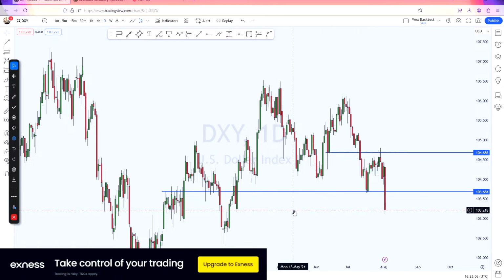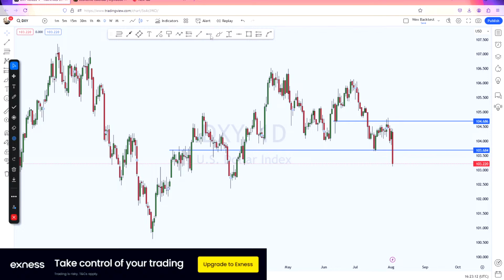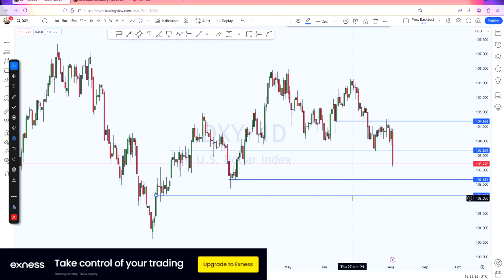Now on the index, we can see clearly that there is still room to the downside because there's a support level right here. I'm not going to go into much detail, but this is a zone from this lower boundary to this upper boundary.